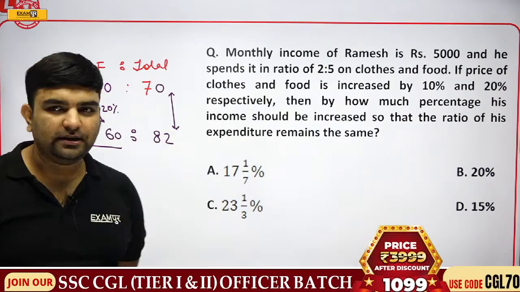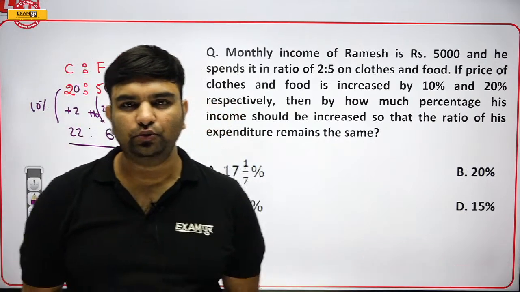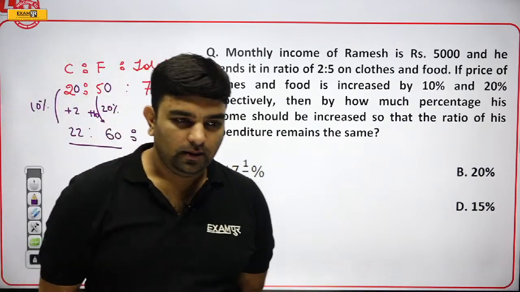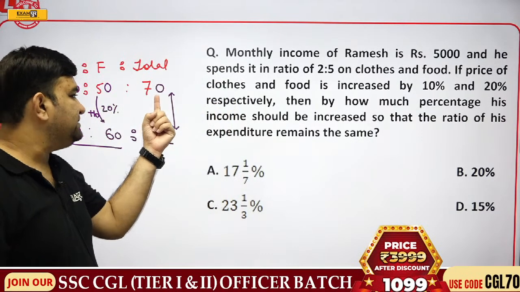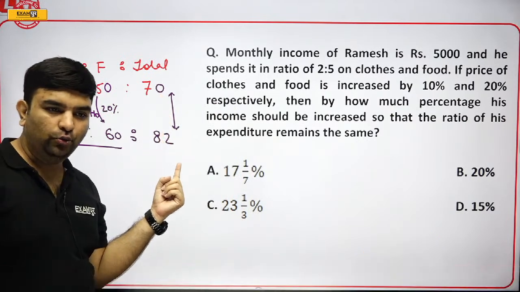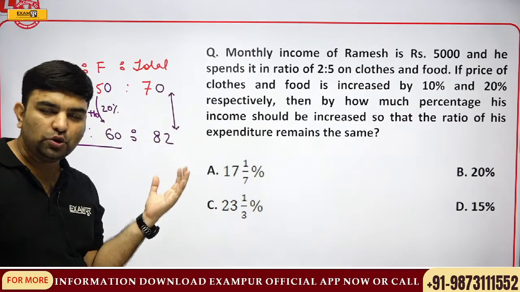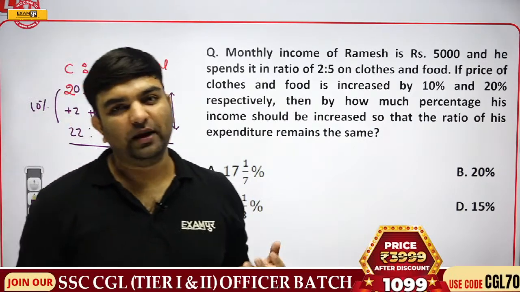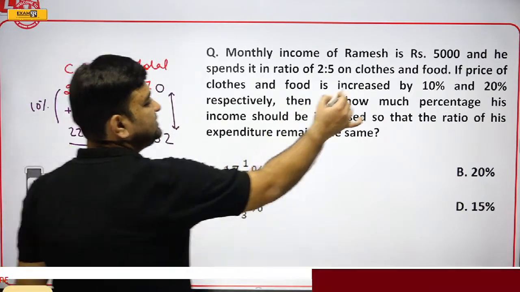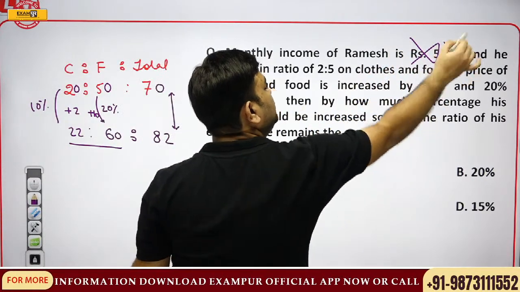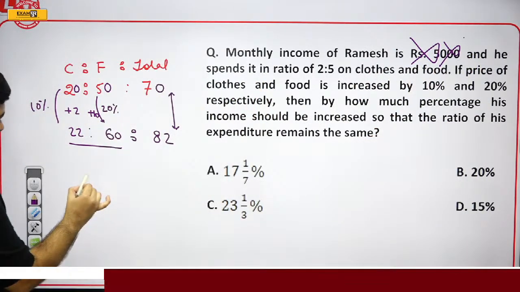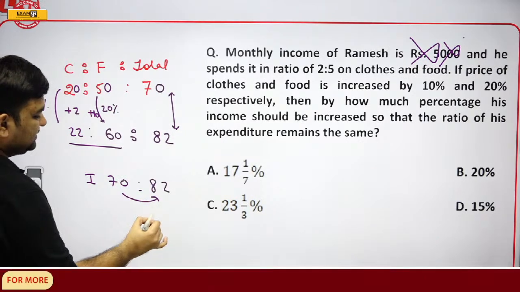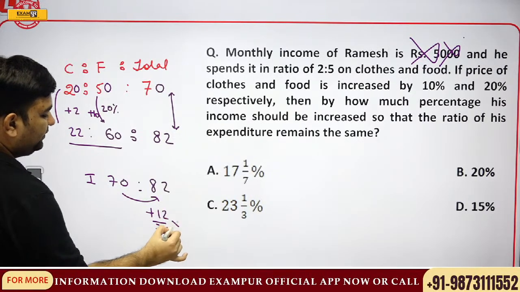If total spending is increasing from 70 to 82, total income should also increase in this ratio to make up for the expenditure. So increment is 12 over 70 into 100.